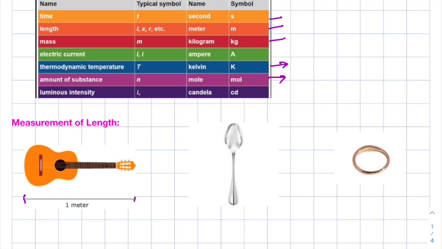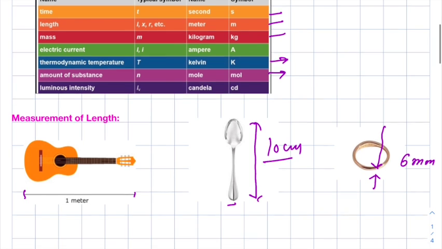But you can use the centimeter to measure the length of the spoon, right? Or you can use millimeters to measure the thickness of your ring, 6 millimeter.